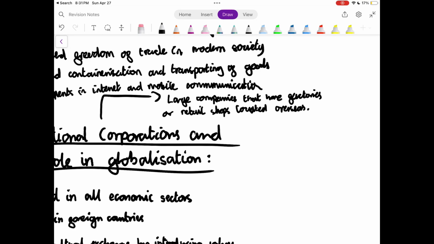So a good example of a TNC is McDonald's, because they originally started in the USA, but over time it's spread to most countries in the world.